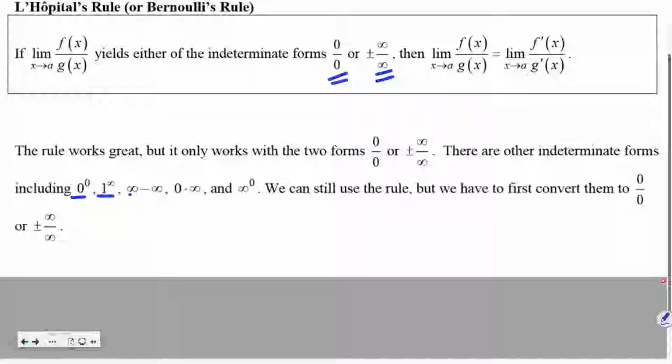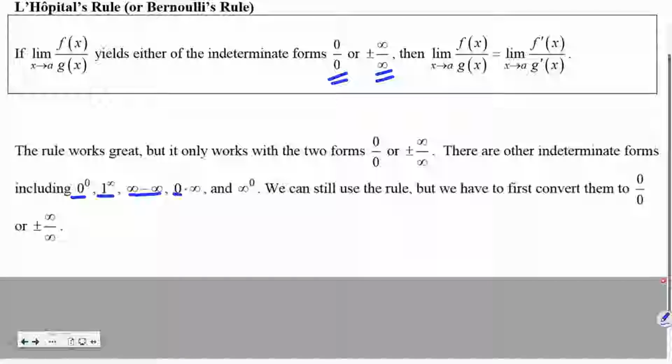Infinity minus infinity is indeterminate, because infinity is not an actual number, it's a concept, and some infinities could be bigger than other infinities. You could be approaching infinity quicker or slower, and so taking the difference.